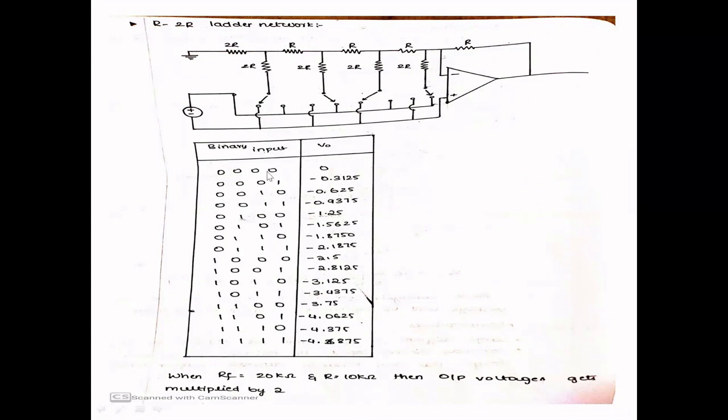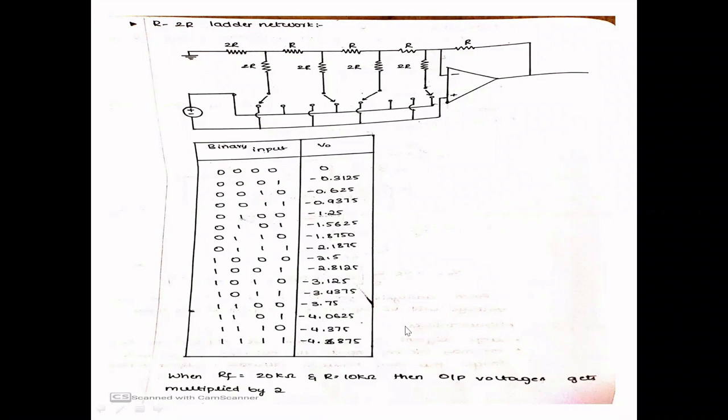So here, the binary input is arranged in such a way that it is B3, B2, B1, B0, and this is your B3. Only this terminal is going to be high, meaning it is connected to the reference voltage, and the rest are all 0.